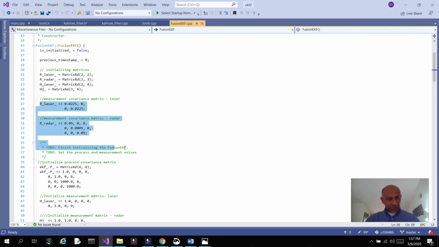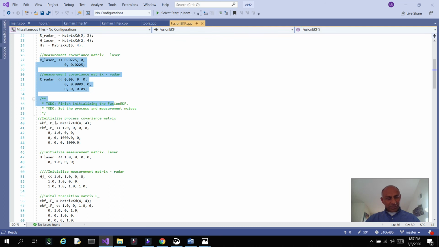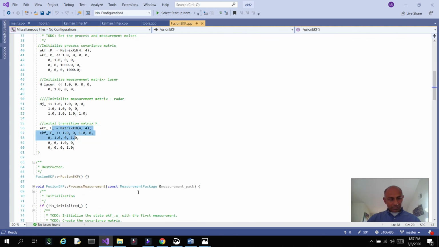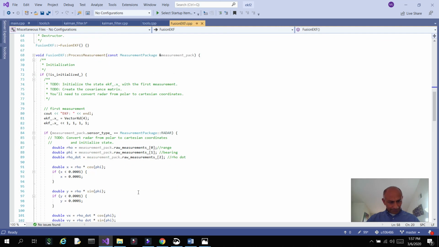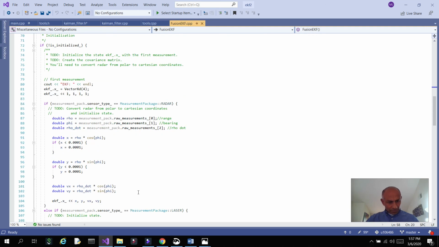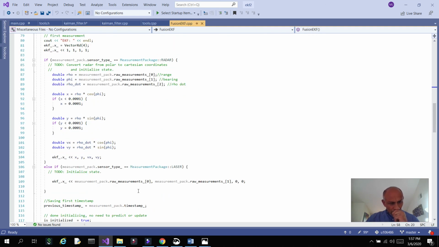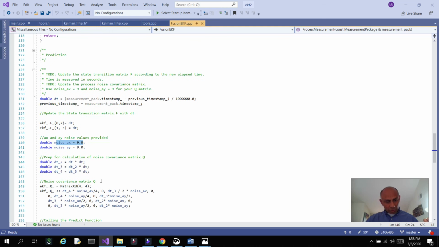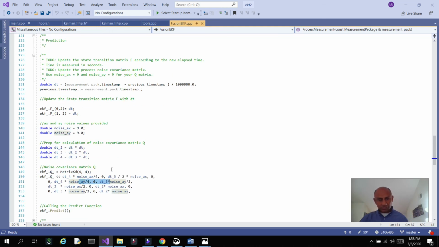The values are initialized for measurement error, for your measurement matrix, and for your state transition matrix, where you're substituting dt. Then you have noise sigma ax squared and sigma ay squared, and you calculate Q because it needs those.